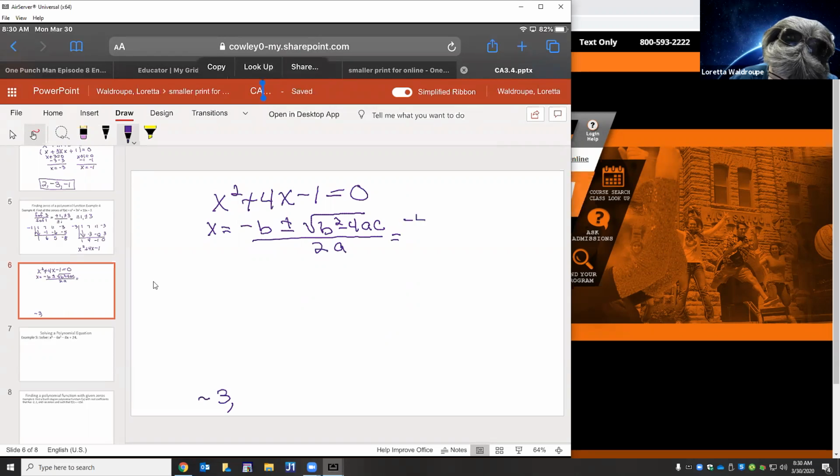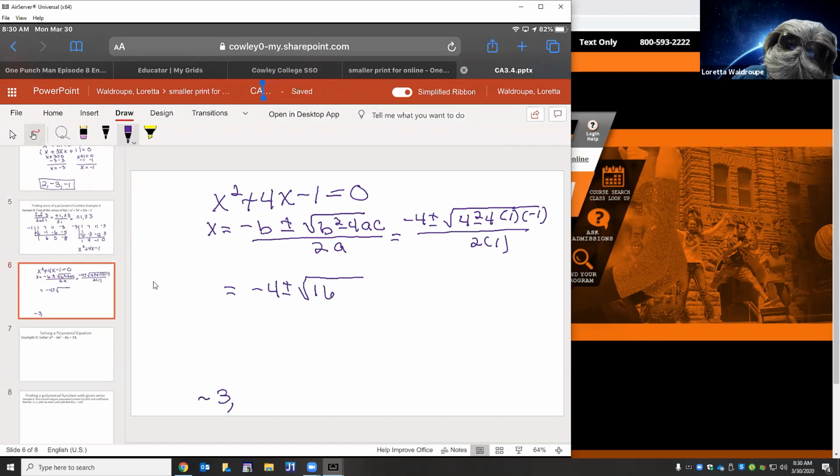So negative b, and then the square root of b squared minus 4 times a times c all over 2 times a. 4 squared is 16. Negative 4, 1, and negative 1 are plus 4. So that gives me a 20 under the radical.